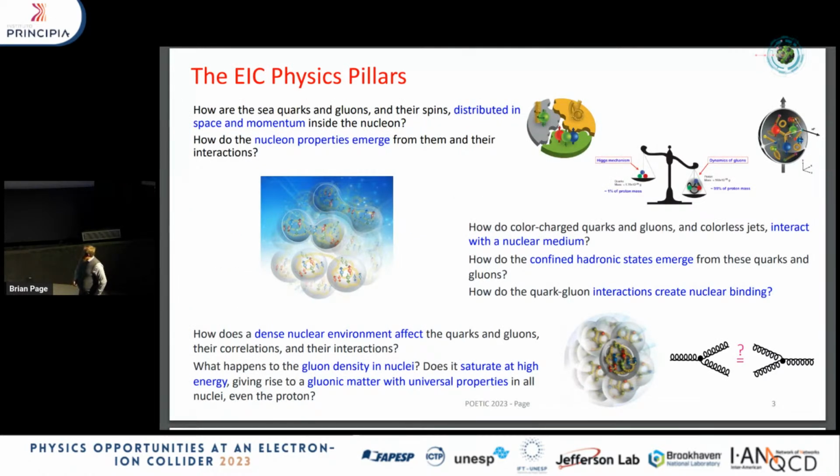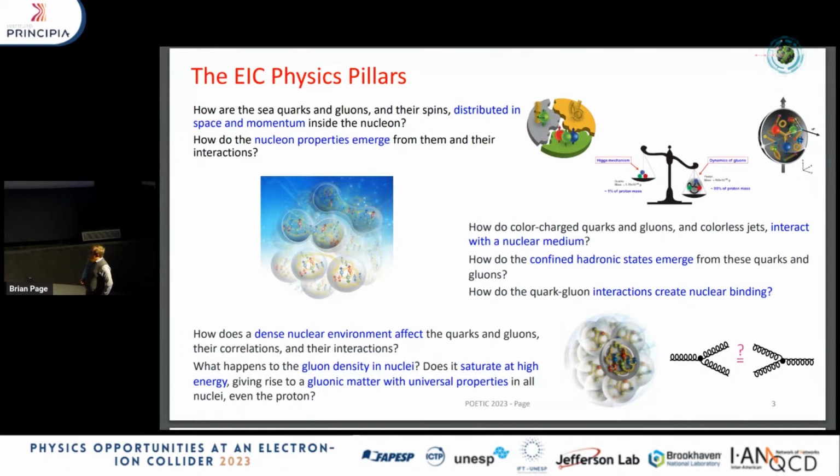So I believe Alka showed this slide in the first talk of this meeting. These are kind of the high level pillars of EIC physics. So very broadly, what we want to do with this machine is study how, for example, the quarks and the gluons and their spins are distributed within the proton and the nuclei, and then how the nuclear properties emerge from their interactions.